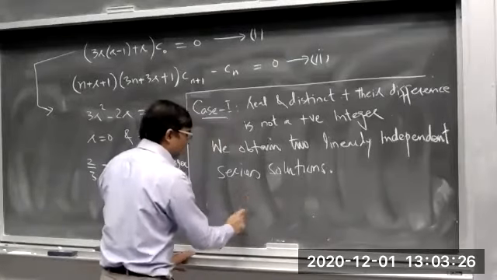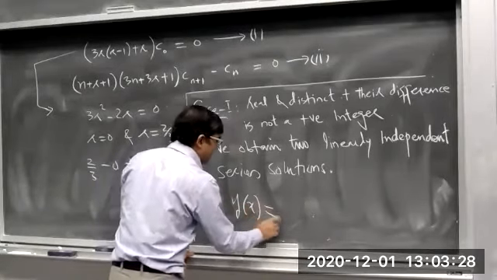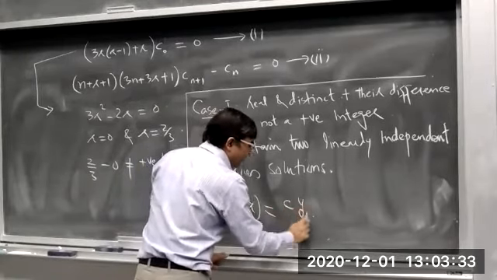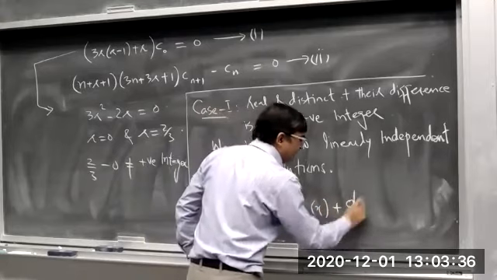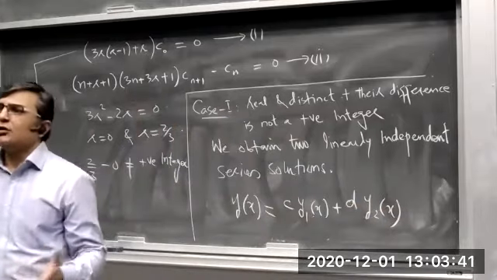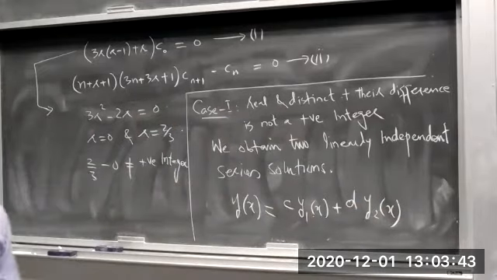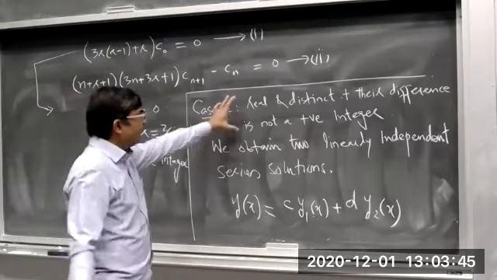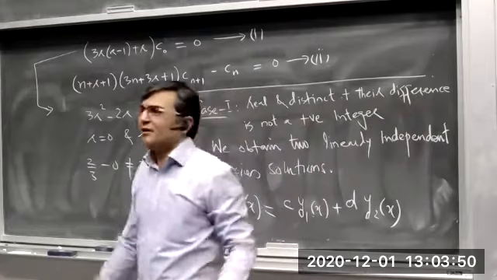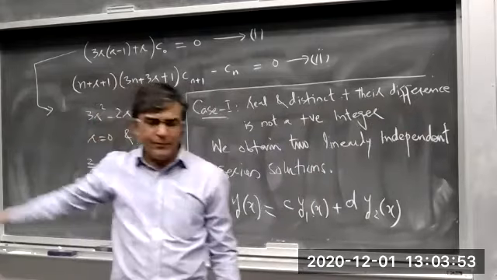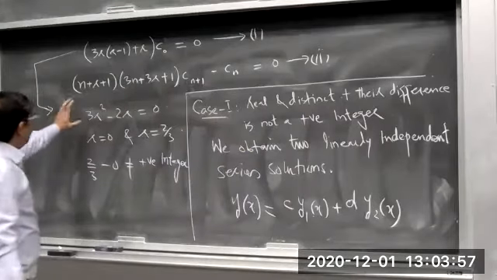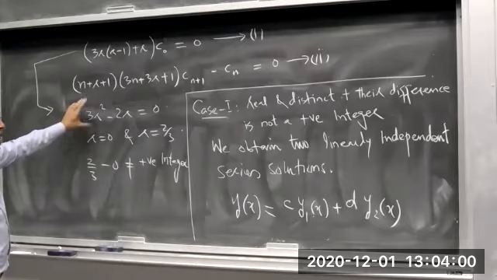The general solution you can write as c y1 of x plus d y2 of x, where these two series y1 and y2 are linearly independent power series. If the roots are real and distinct, plus their difference is not a positive integer, which was the case in the first example which we have done earlier, this was case one.